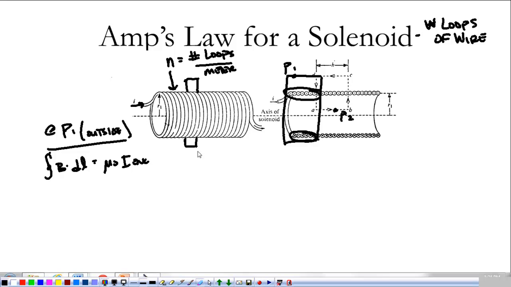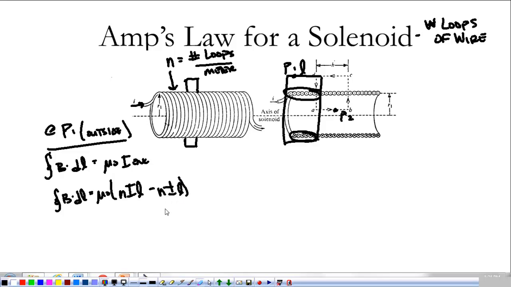So all the B dot dl stuff aside, we've got mu 0. Then we have coming out, so we'll call that positive, N times I times L. Well, this is my L on the top. So number of loops per meter times the length is going to give me how many dots out I have. Times I is going to give me that total current. That's out.